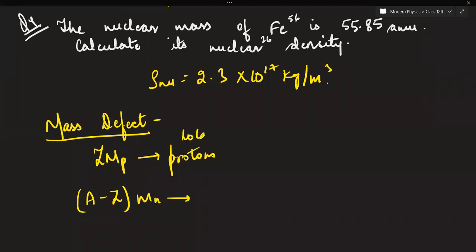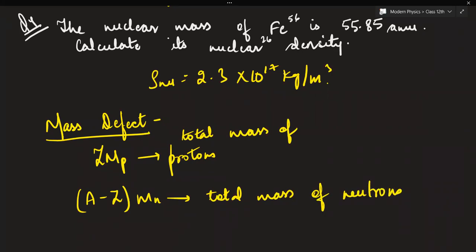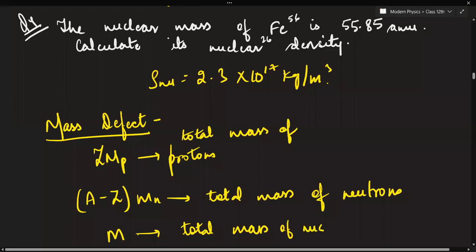This is total mass of protons. This is total mass of neutrons. Fine. And then the complete mass of the nucleus, let's say this is M, or Mx you can say. Total mass of nucleus.